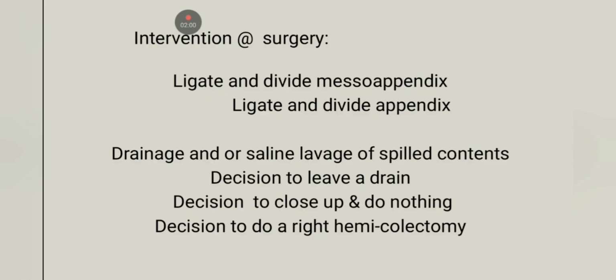Of course, gaining entry will cut across layers such as the skin, subcutaneous layer, the external oblique and internal oblique aponeurosis, the transversalis fascia, the parietal peritoneum, and finally into the peritoneal cavity.